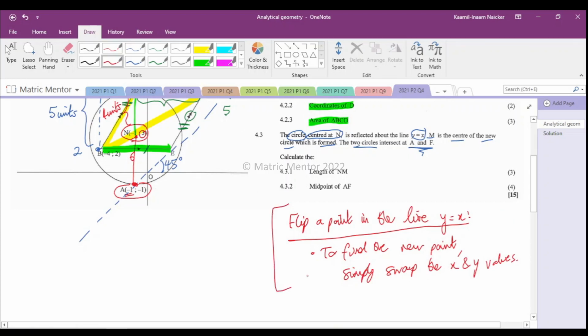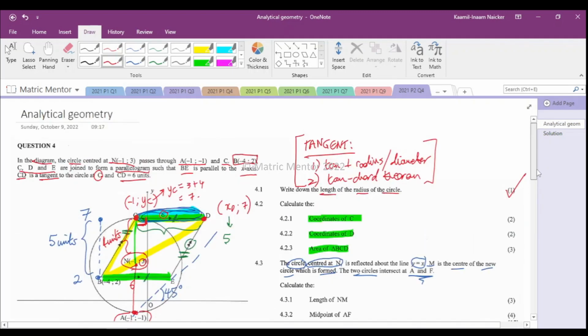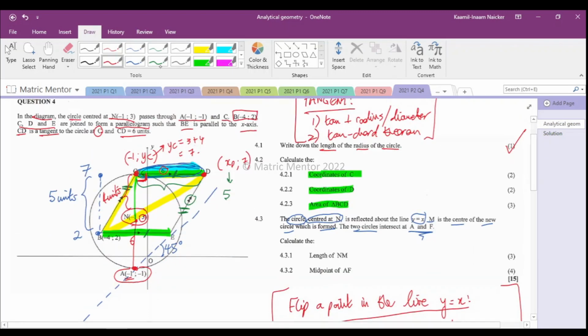Okay, so this is an important note. Keep it in your mind, because what's essentially happening here is, remember we flipped the circle in the 45-degree line, or the y = x line. And so what that means is, N, which was at -1 and 3, was the center of my first circle. So the center of the next circle is going to be M, and that's going to be at the point 3 and -1. That's it.